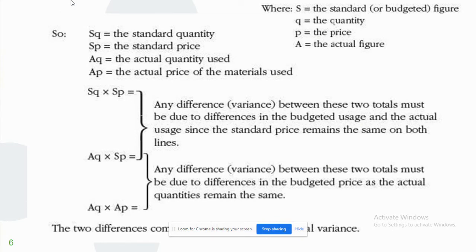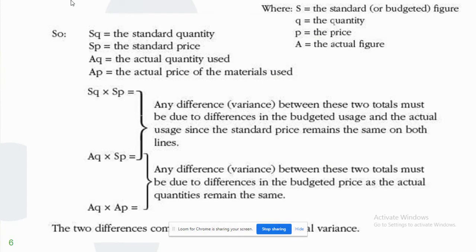So material usage variance is SQ times SP minus AQ times SP. That means we do SQ times SP, then we subtract AQ times SP from it.